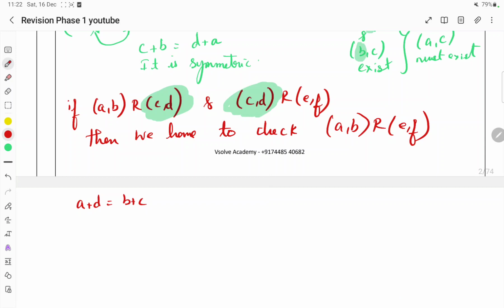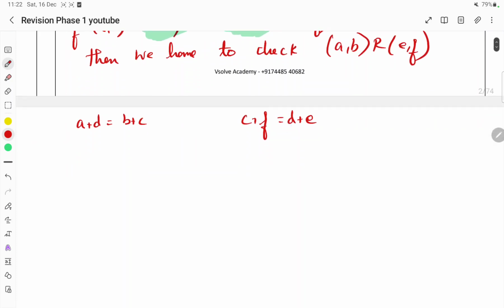And (c, d) related with (e, f) means I can write c plus f equal to d plus e. Now I have to check whether (a, b) is related with (e, f) or not, which means I have to verify whether a plus f is equal to b plus e or not. If it is like this, then (a, b) is related with (e, f).